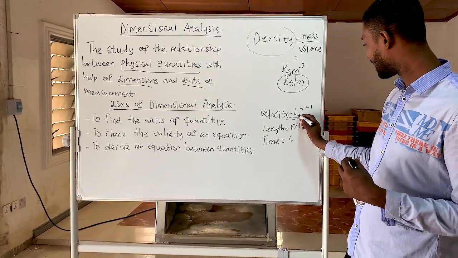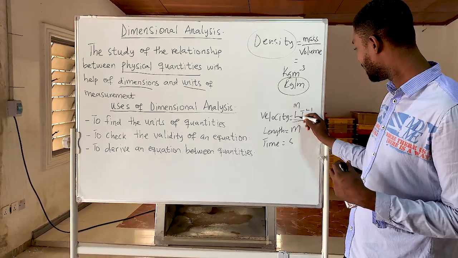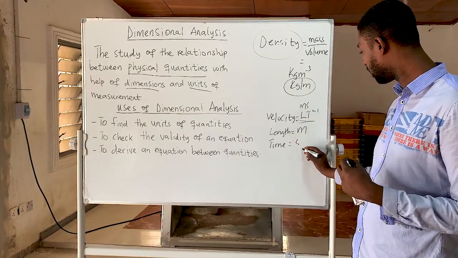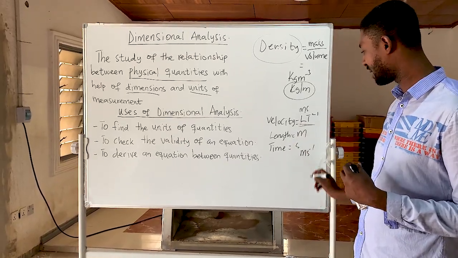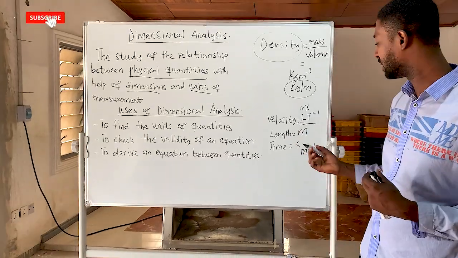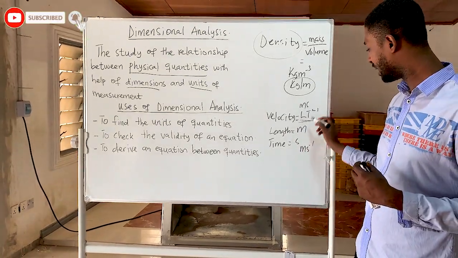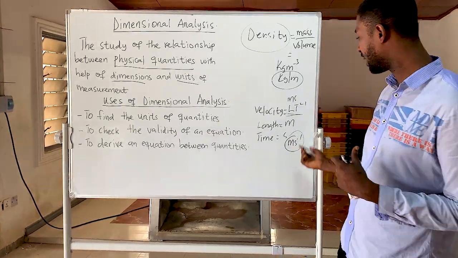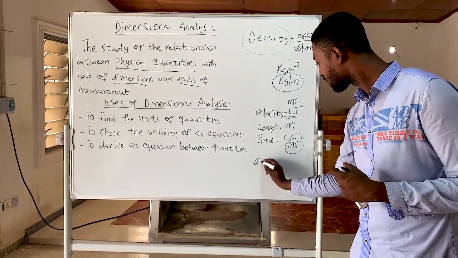If L is in meters and T is in seconds, then the unit for velocity is meter per second. So anytime I know the dimension of a particular quantity, I'll be able to calculate the unit.